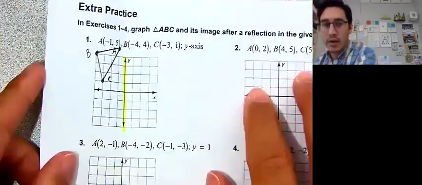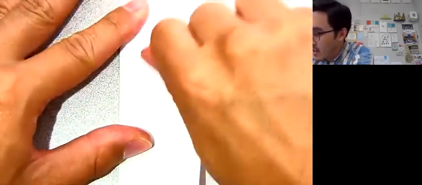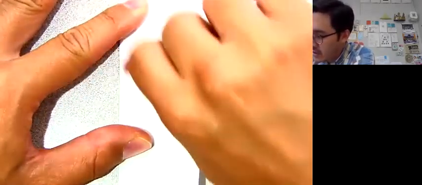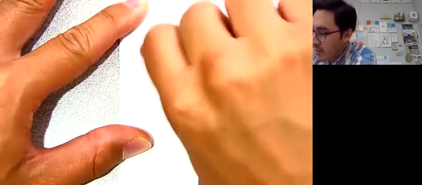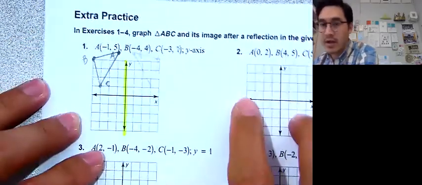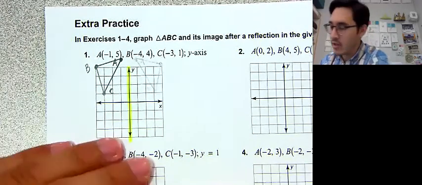Okay, so now my triangle, I'm folding it. And then I'll just use my fingernail. What I'm trying to do is press the lead from the pencil onto the other half of the paper, and voila, right? There is the new image.